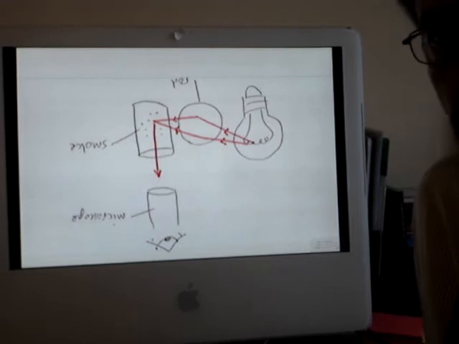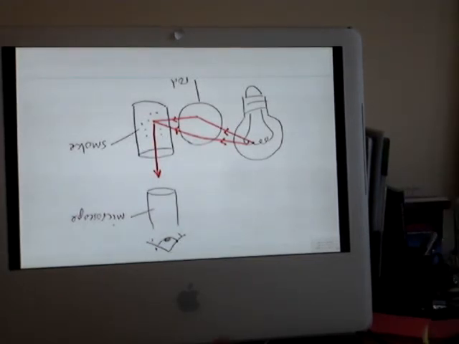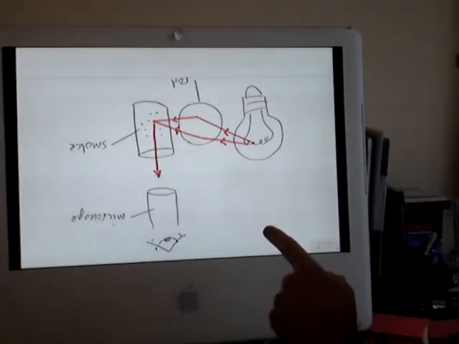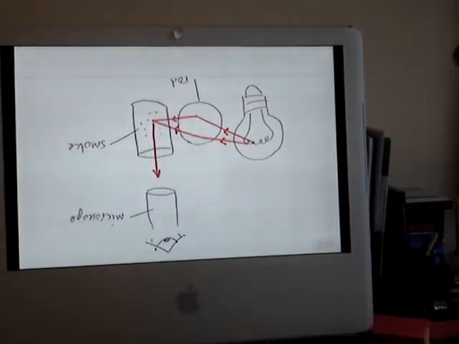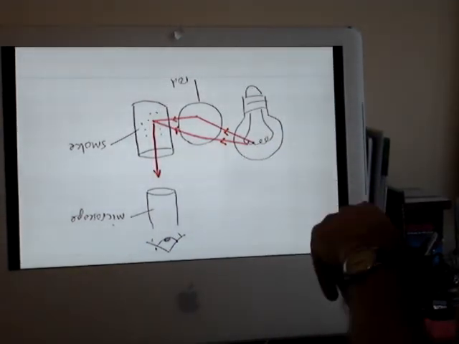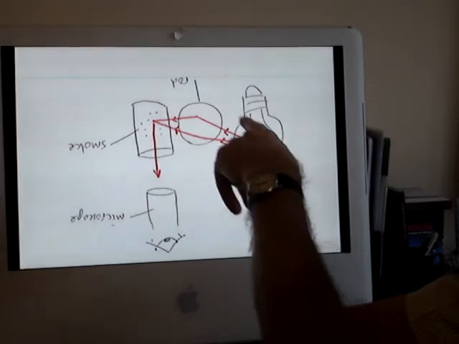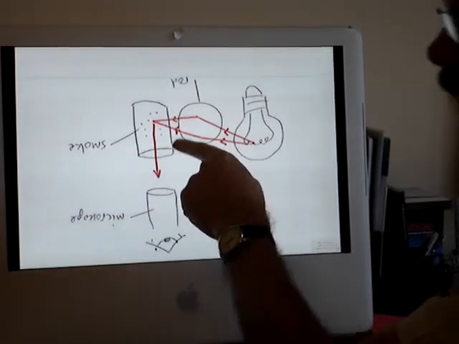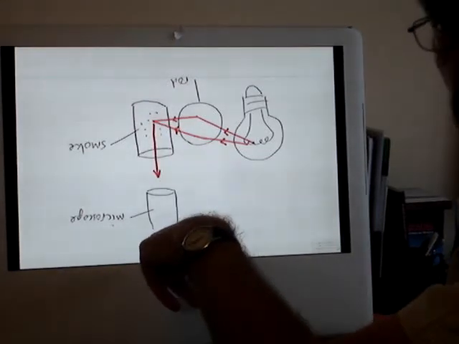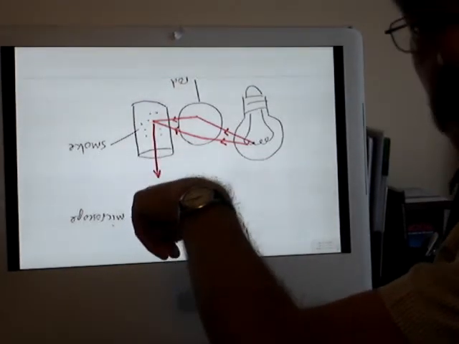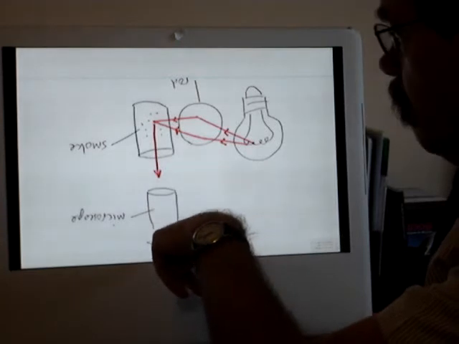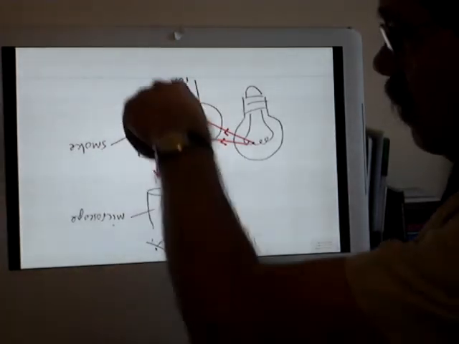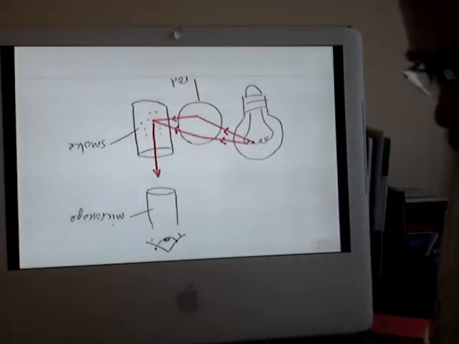The smoke goes in a small cell over here, and there's a light. When the light lights up, light passes through this glass rod, which acts as a lens and focuses the light onto the smoke in the smoke cell, and the light is reflected down into the microscope here.